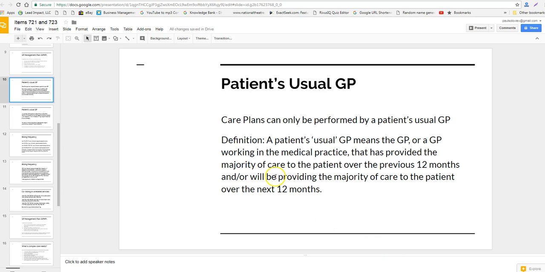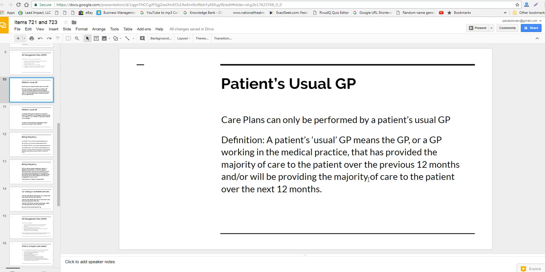It means the patient had to be a very regular patient of your practice in the preceding 12 months. How do we know that? Well, it is just a fair assumption. If you see that the patient has been seen regularly at the practice, you can make a fair assumption that the patient is a regular patient of your practice.